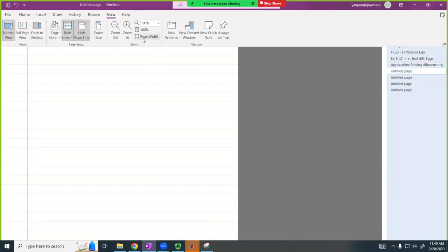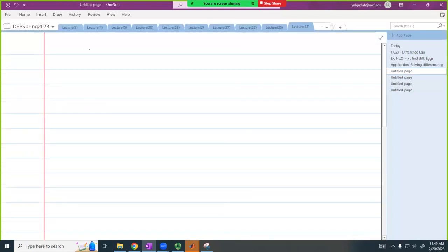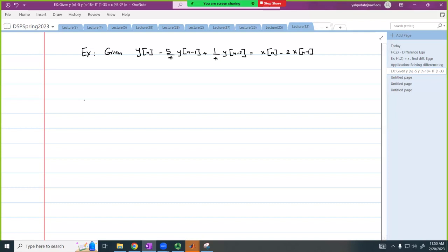Okay, so let's look at an example. We are given the difference equation y of n minus 5 over 4 y of n minus 1 plus 1 over 4 y of n minus 2 equal x of n minus 2 x of n minus 1. And I'm given initial conditions.